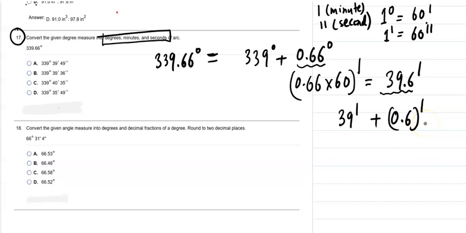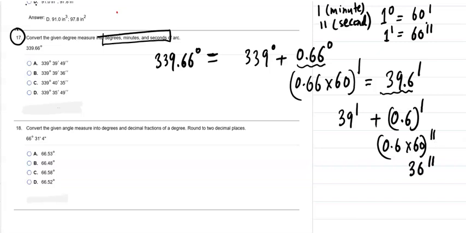So I have the degrees here and the minutes here. I need the seconds. 0.6 minutes equals 0.6 times 60 seconds, because 1 minute equals 60 seconds. If you multiply, this gives you 36 seconds.